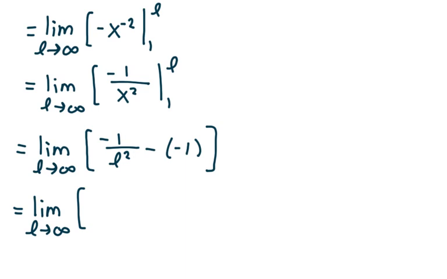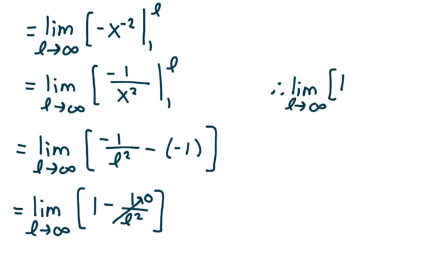So I could write this as 1 minus 1 over L squared. But when L goes to infinity, 1 over L squared goes to 0. And so, therefore, the limit as L goes to infinity of 1 minus 1 over L squared is equal to 1.